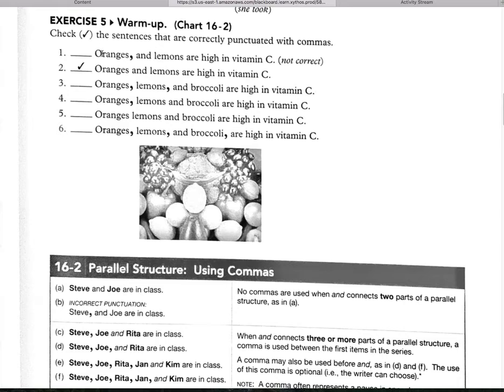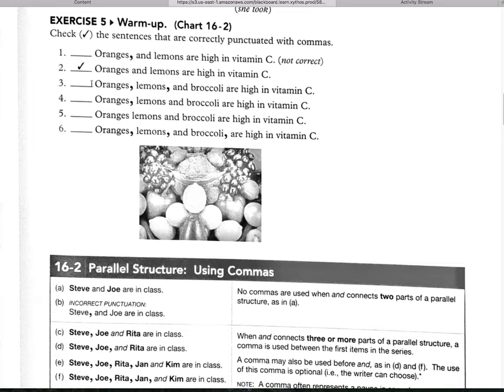Number 1, oranges, comma, and lemons are high in vitamin C. This is not correct because we should not have a comma here, because there's only 2 parts of speech, noun and noun. When you have 2 parts of speech, you don't use a comma. Look at number 2. Oranges and lemons are high in vitamin C. That is correct because you don't need a comma.